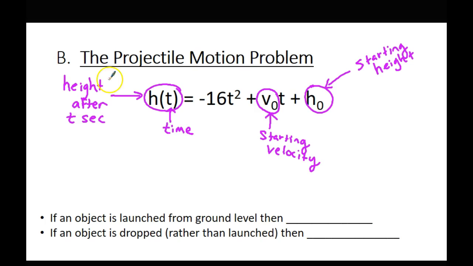We might want to put here also in parentheses ft for feet, because the way that I'm giving you this formula right now, everything's in feet and seconds. The formula can change if you want to do meters per second or something like that, but I think we'll just stick with feet per second.